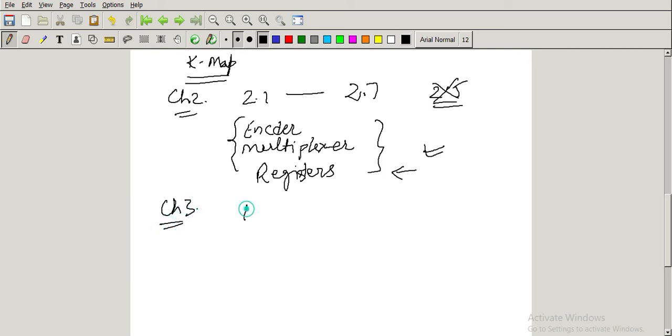When we talk about chapter 3, the whole number system is there, which I think is the easiest part for you.